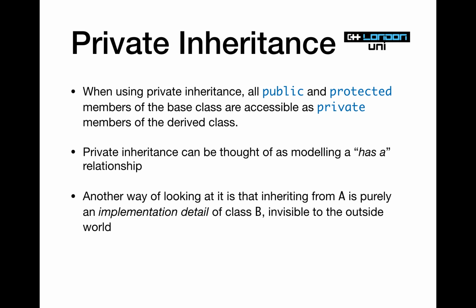Not a very useful distinction, not a very useful way of thinking about it, not to me anyway. A better way of thinking about it is that the inheritance, because it's private, because the outside world can't access this thing that we're inheriting from, is just an implementation detail.